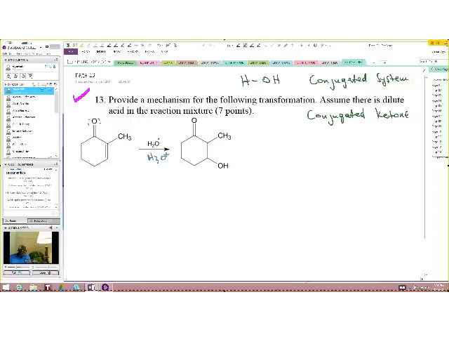This oxygen of water will be attacking this. In order for that to happen, this carbon must be electrophilic, in other words, positively charged. How does that happen? The only way that happens is if you start off with the hydronium ion.